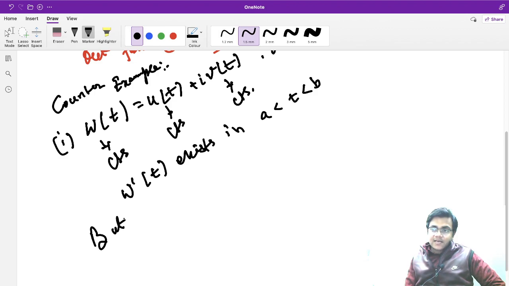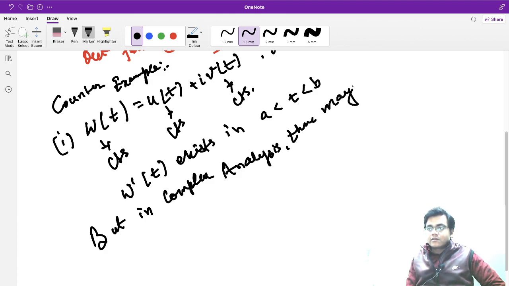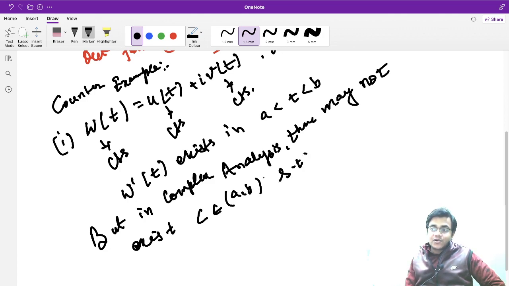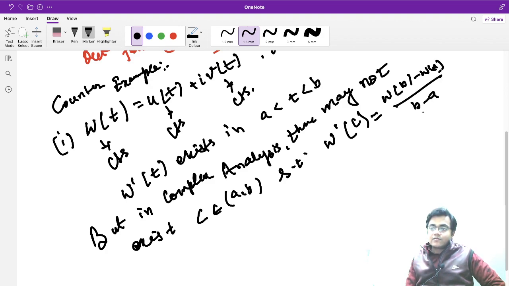But in complex analysis, there may not exist c in ab such that w dash c is equal to w of b minus w of a upon b minus a. Okay, what the thing is, there may not exist in complex analysis.